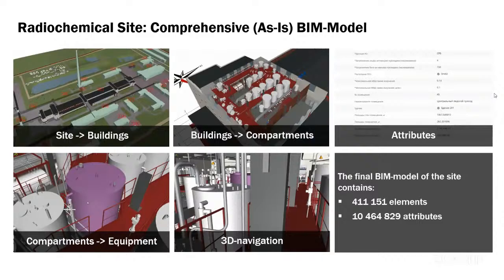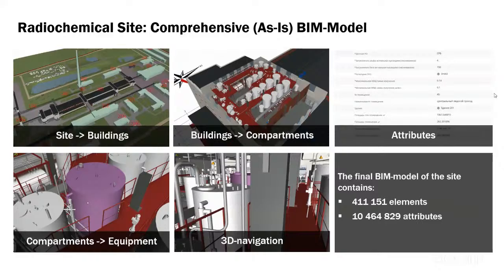So we obtained a comprehensive BIM model of all the facility. We can move from the site model, which you can see in the top left part, to the building levels, and from building to the compartment levels, and from the compartments to certain equipment levels.